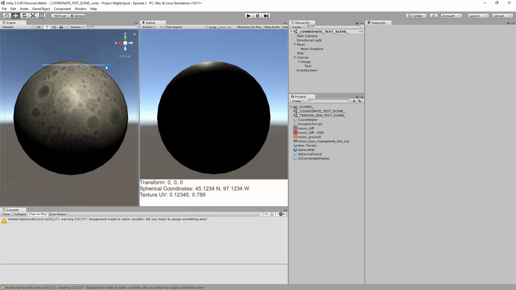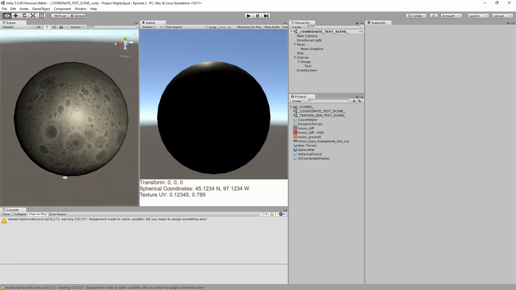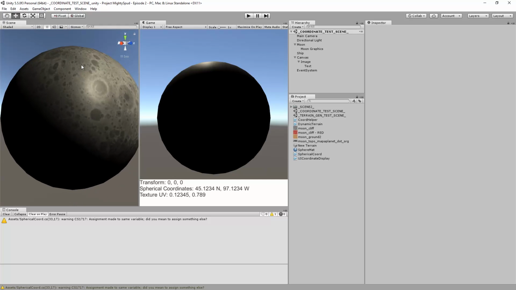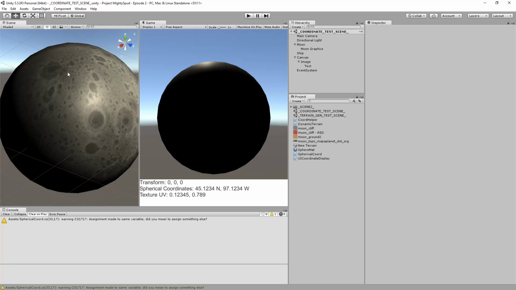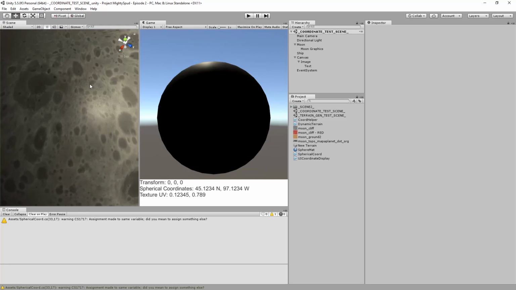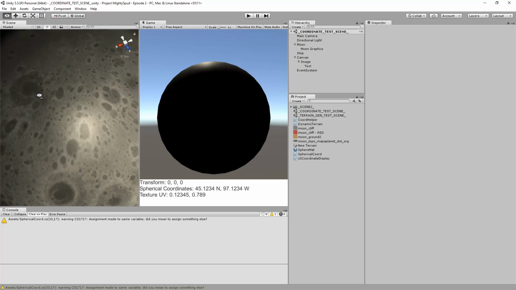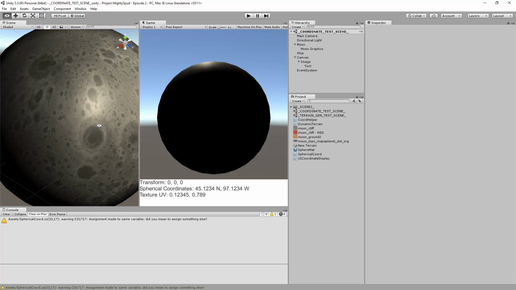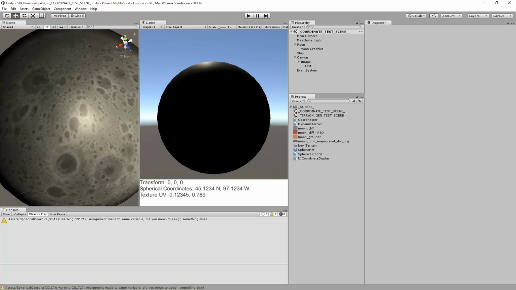So as your latitude approaches 0 at this pole, the effective diameter reaches 0, and the same thing happens at the bottom. That's going to be important for mapping from our, when we create our terrain bits. That's going to be very important.